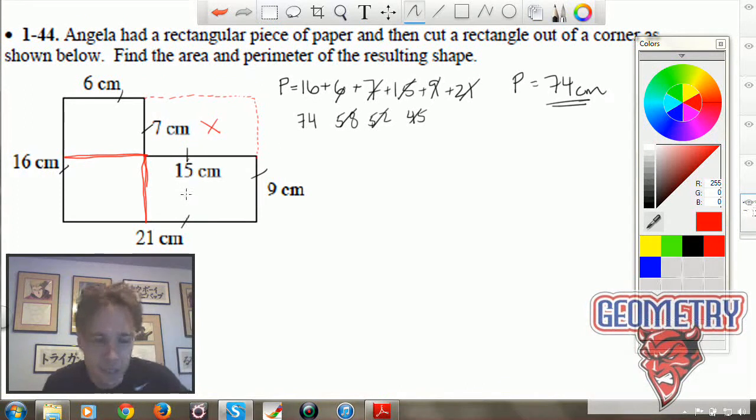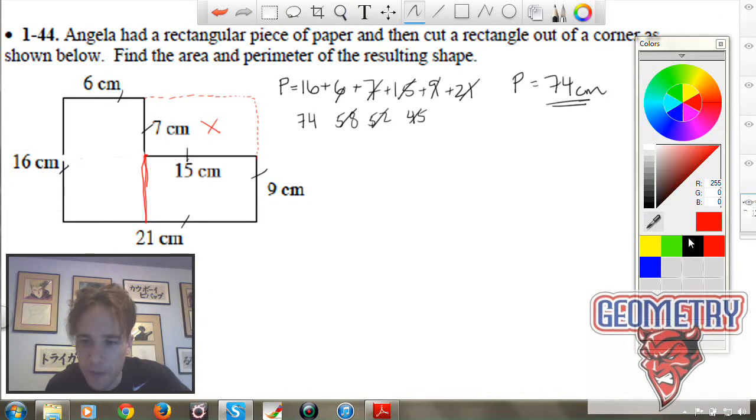Since the dissection works out nicely into two rectangles, I am just going to go with that. So I'm going to erase this line here. And say we have two rectangles.